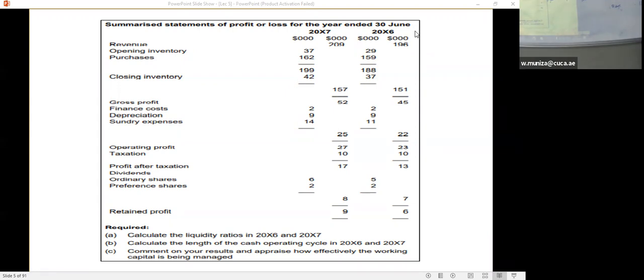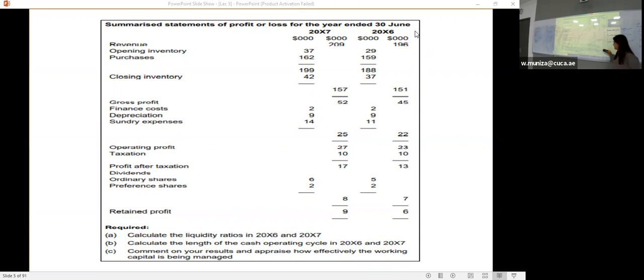Maybe the suppliers were not ready to supply goods because it was taking more time to fulfill its obligations. So that's why the organization has decreased its trade payable days. Anyhow, the organization has now become more efficient in fulfilling its obligations and takes less time to pay its trade payables. Are you clear?